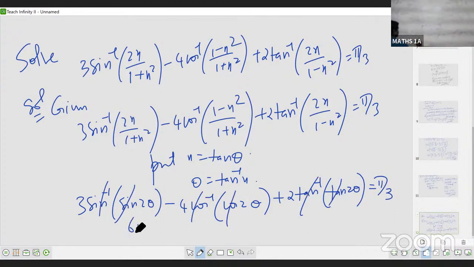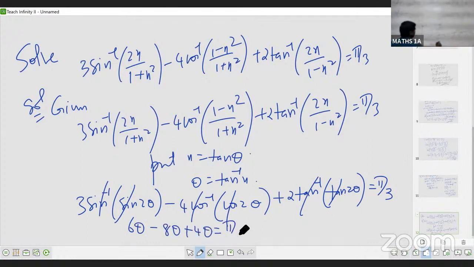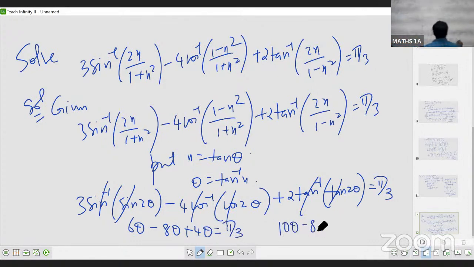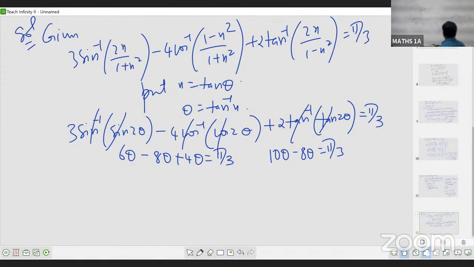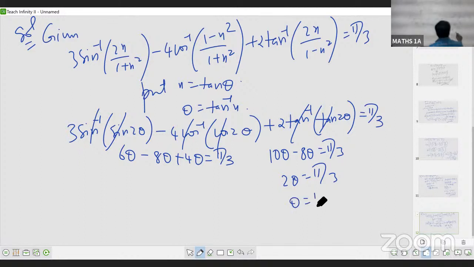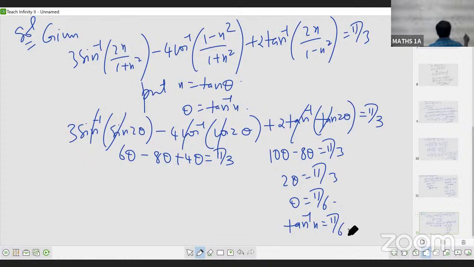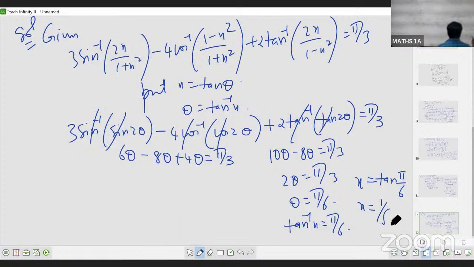Now 3 twos are 6 theta minus 8 theta plus 4 theta equal to pi by 3. 6 plus 4, 10 theta minus 8 theta is pi by 3. That is nothing but 2 theta equal to pi by 3, theta equal to pi by 6. Theta is tan inverse x equal to pi by 6, and x equal to tan pi by 6. x equal to tan 30, which is 1 by root 3.